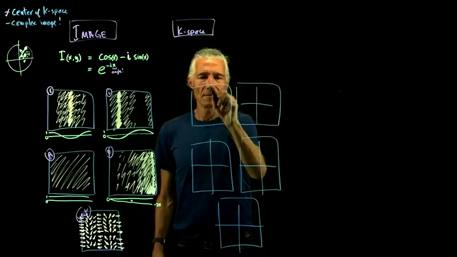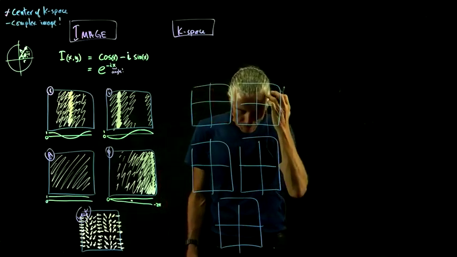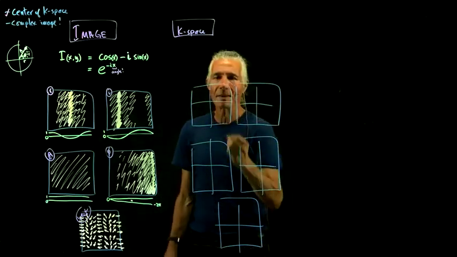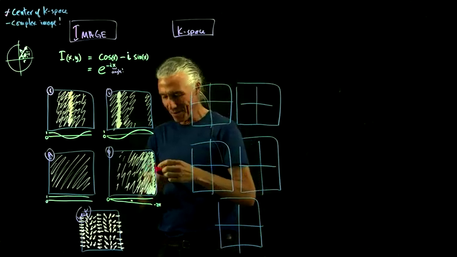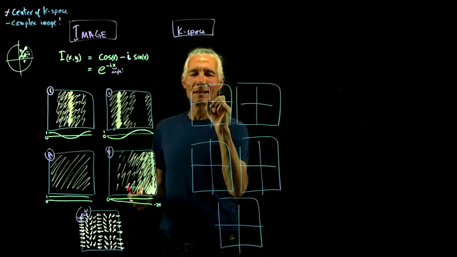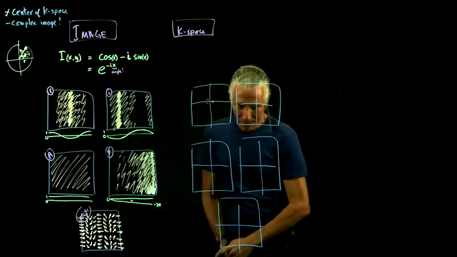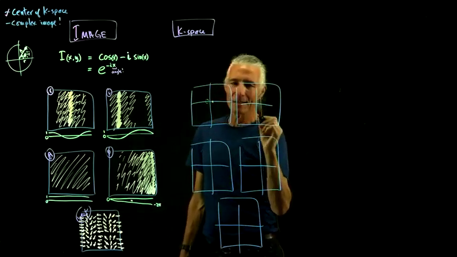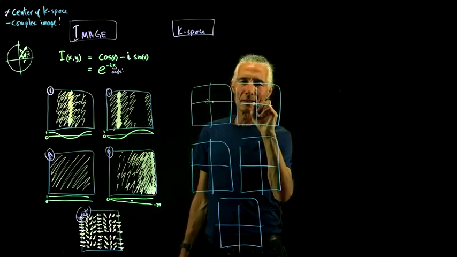It's going to have basically just one point in kSpace. So there'll just be one point there. And here's where the other point would be, but it's not there. And what is the phase? The phase is going to be 0 of that point.